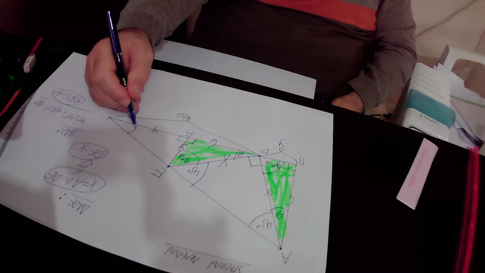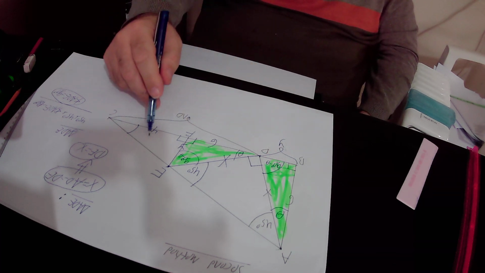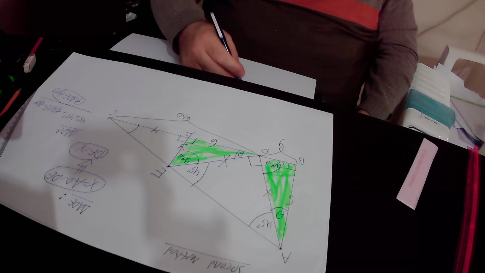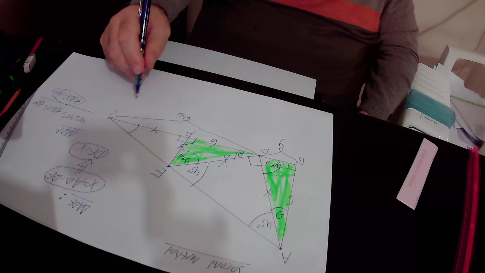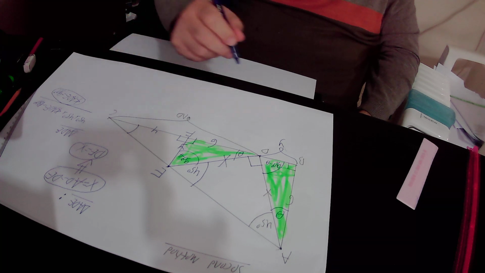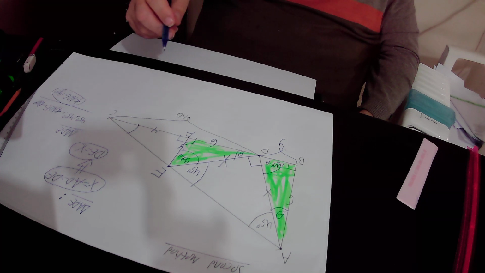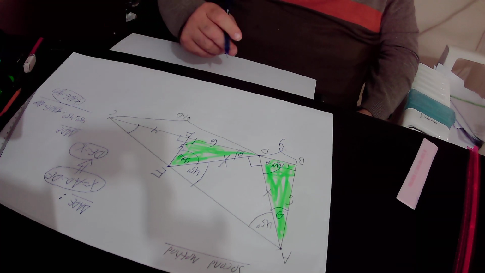This angle is a common angle, it belongs both to triangle ABC and also to triangle EFC, so we can write down that angle BCA is equal to angle FCE. It is actually the angle equal to itself, okay?